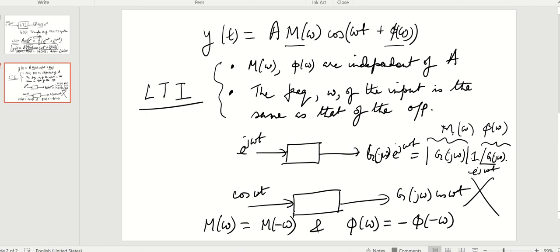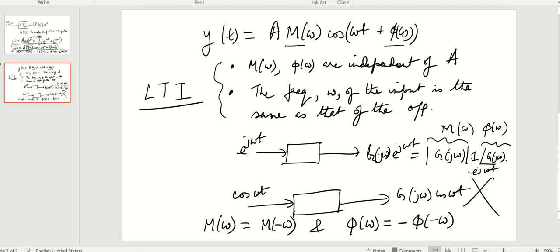You know that M(omega) and M(minus omega) are the same, and to obtain phi(minus omega) from phi(omega), you just multiply by minus 1. That is why, provided you know what M(omega) and phi(omega) are for the exponential, you can deduce what the output for the cosinusoidal input will be.